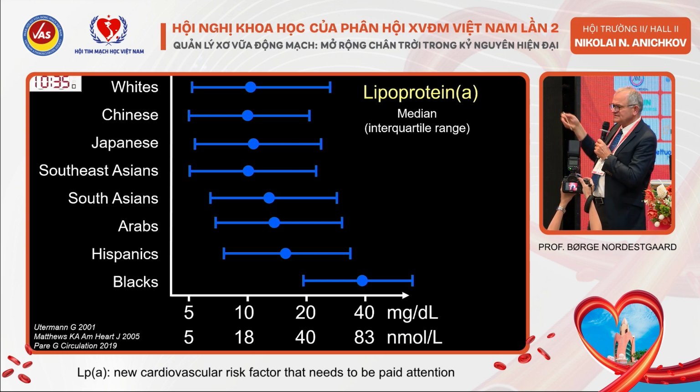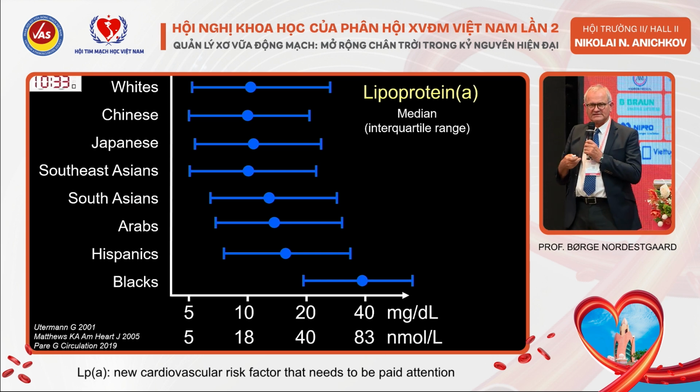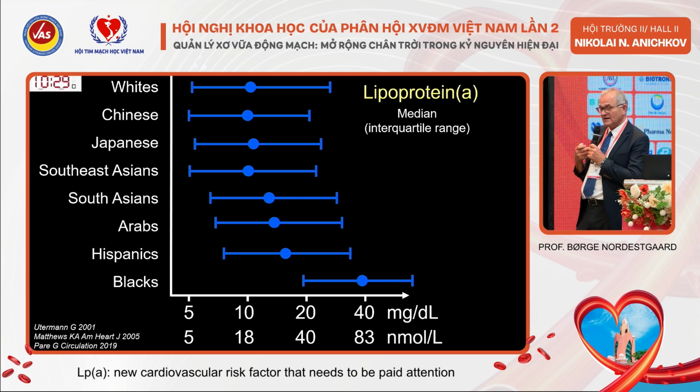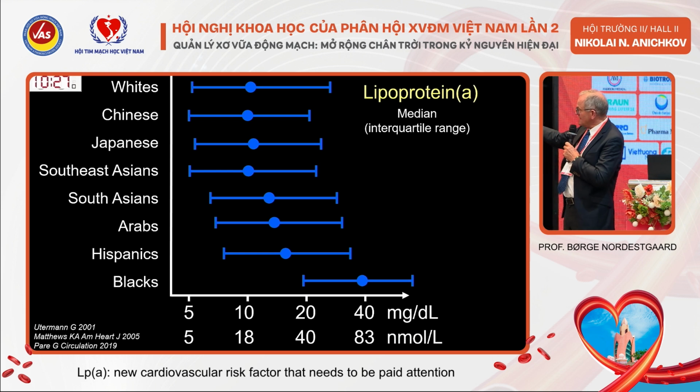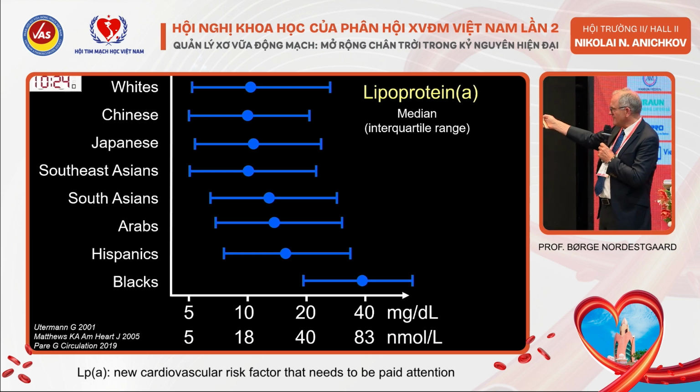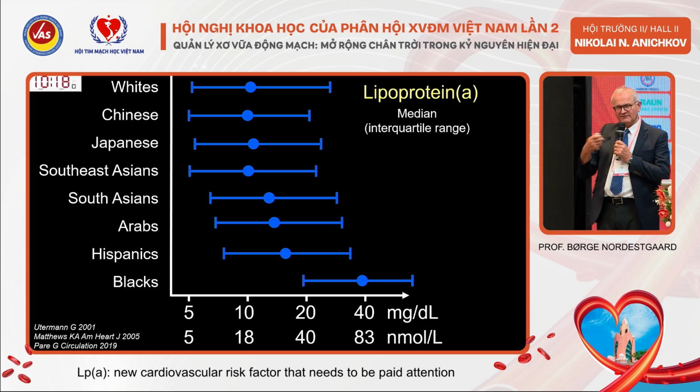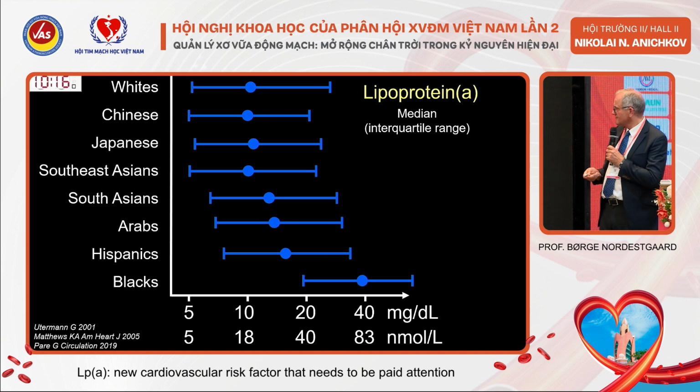Then the South Asians, so Indian, Pakistani, Sri Lankan, have higher levels than we have and than you have here. Arabs higher, and Hispanics in Latin America higher, but the ones that really have high levels are black people from Africa. They have 4 times the levels of Vietnam and Europe.